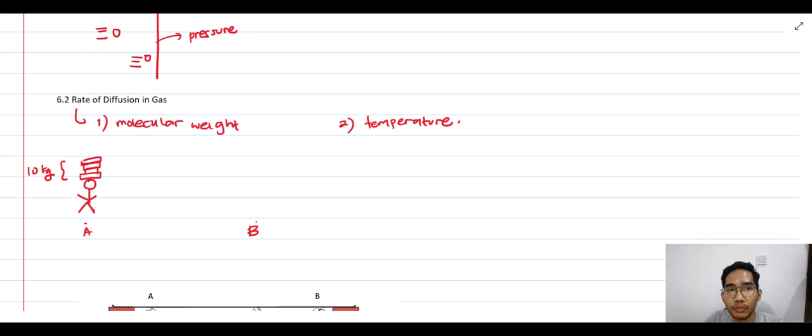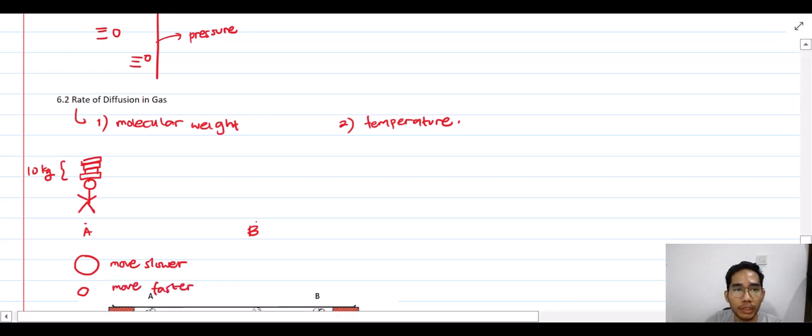And so molecular weight will cause the same effect on particles. Particles with larger mass will move slower, right? And the particles with lower mass will move faster. Now, remember that diffusion is caused by the movement of particles.